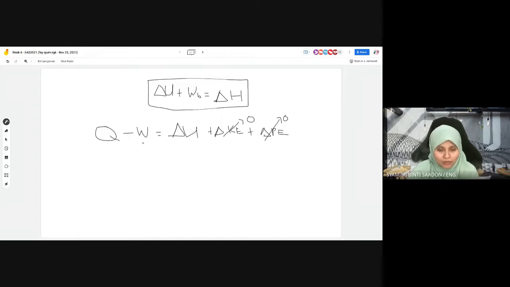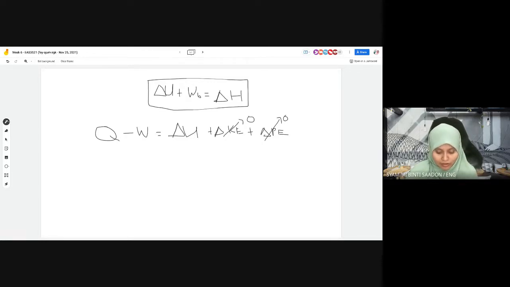Okay, now for this work, we have several types of work in this process. One is the electric work, because we have a resistance heater.